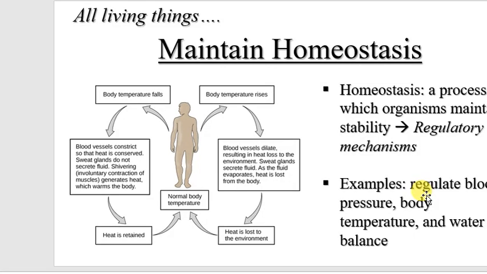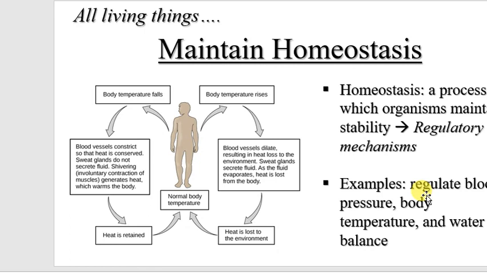So all living things must maintain homeostasis. So again, homeostasis is a stable body condition necessary for maintaining life. And these are regulatory mechanisms. So homeostasis regulates blood pressure, temperature, blood volume, water balance, any regulatory mechanism that can maintain a normal body function when there is some sort of environmental or internal change.